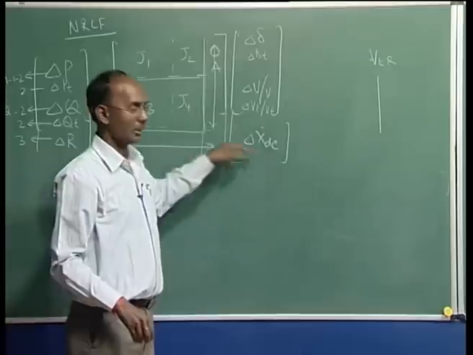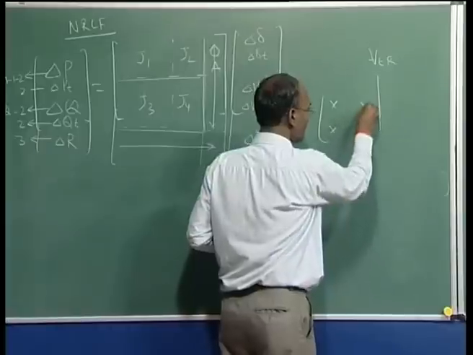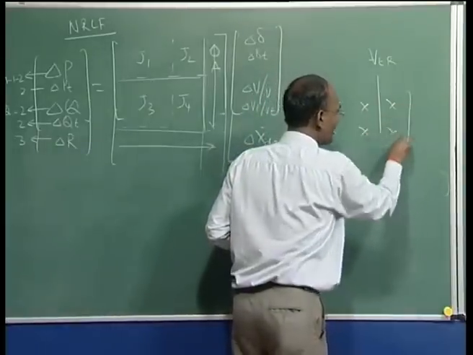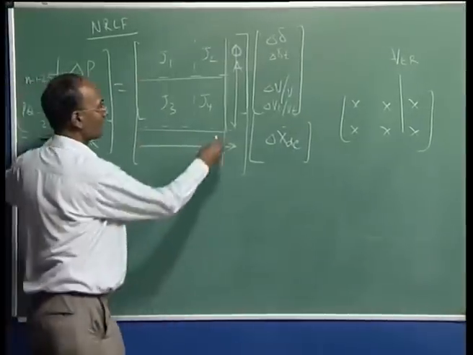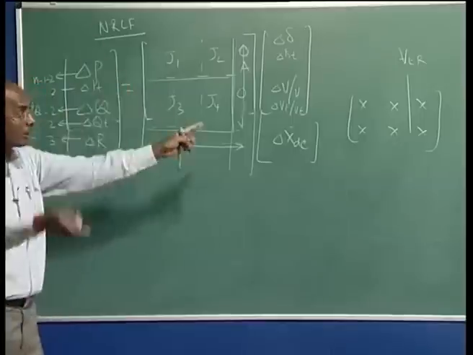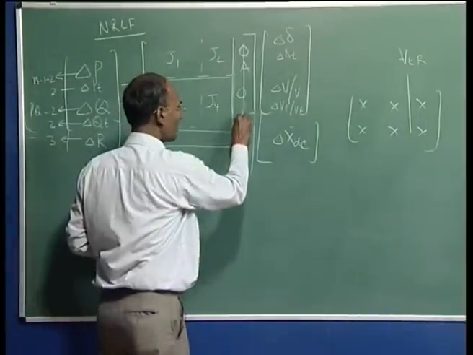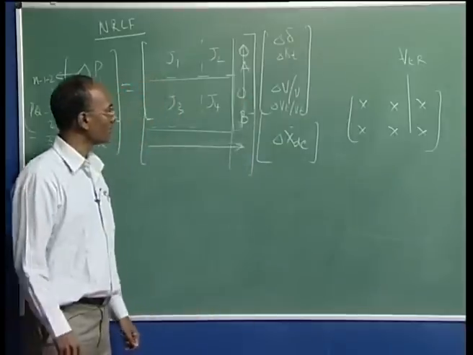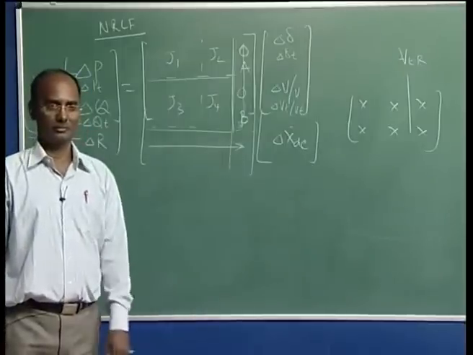Because 2, this is your elements here, 2 by 3. Now, here it will be 0 corresponding to Q because other than these 2 buses. Here we can say it is your B matrix, it should be there. It will be again 2 by 3.